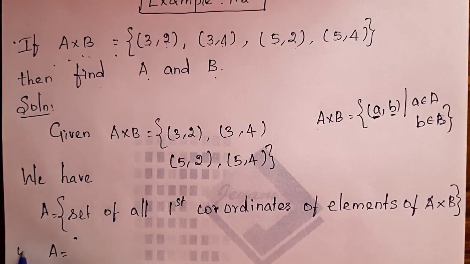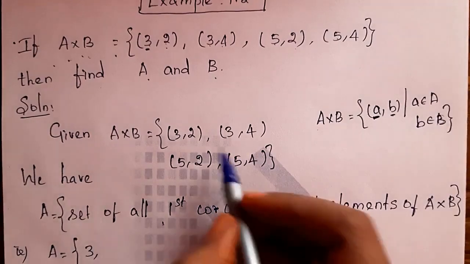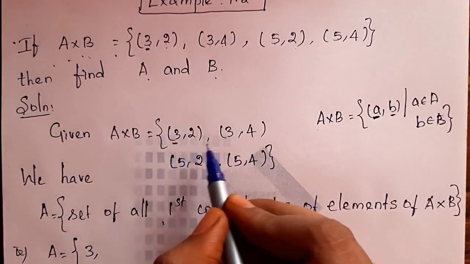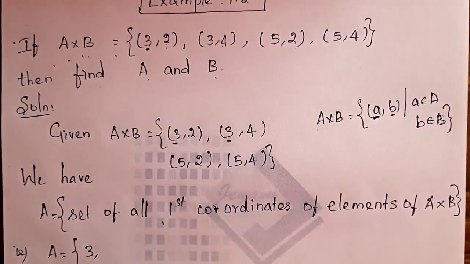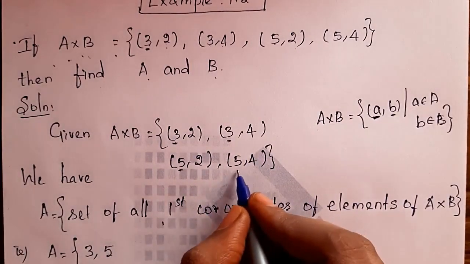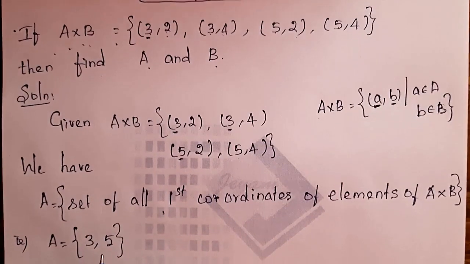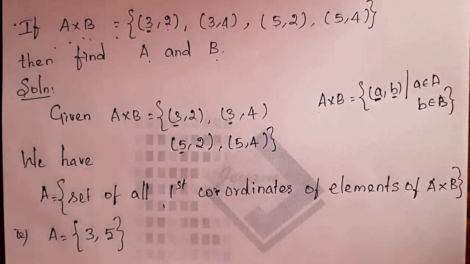A equals the set of all first coordinates. What is the first coordinate? 3. Again here is 3, no need to write that again. Then 5. Again here is 5, no need to write. So we found that A equals the set of 3 and 5.